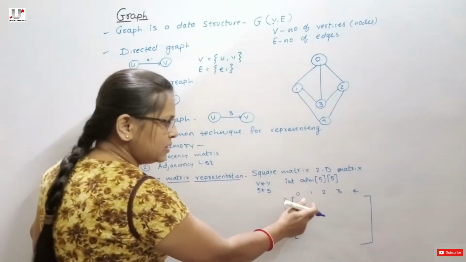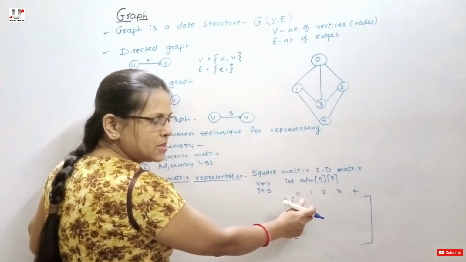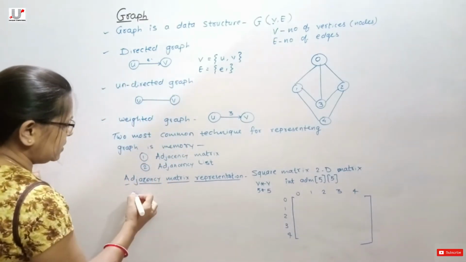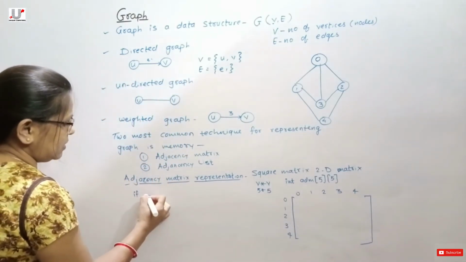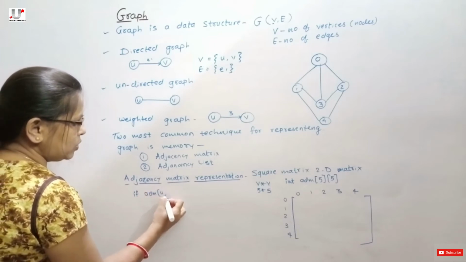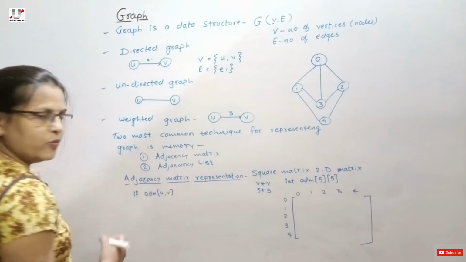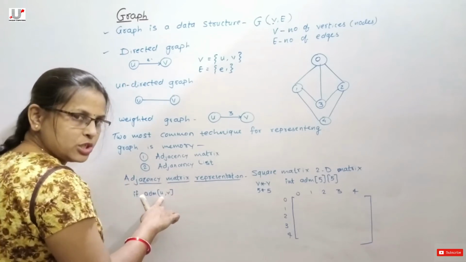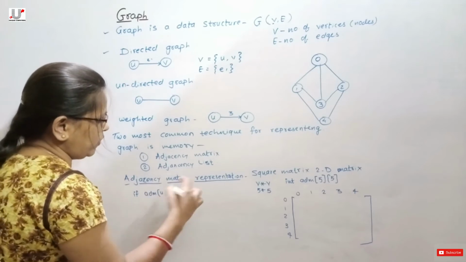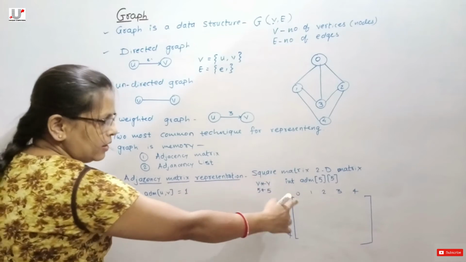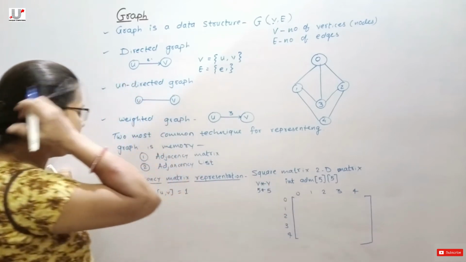To fill this adjacency matrix, we have to follow some rules. If there is an edge from node U to node V, or V to U, then you have to specify 1 in this matrix.